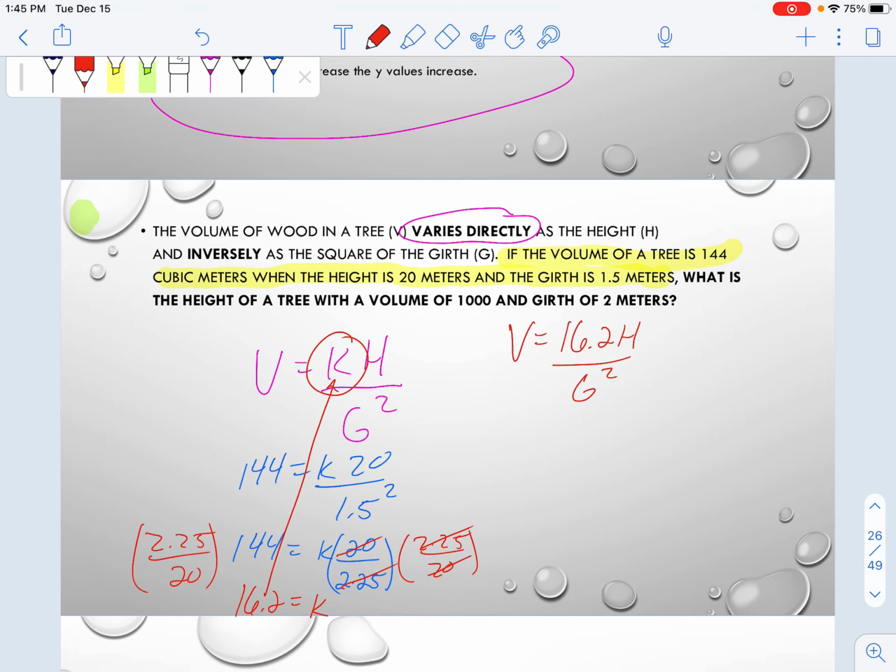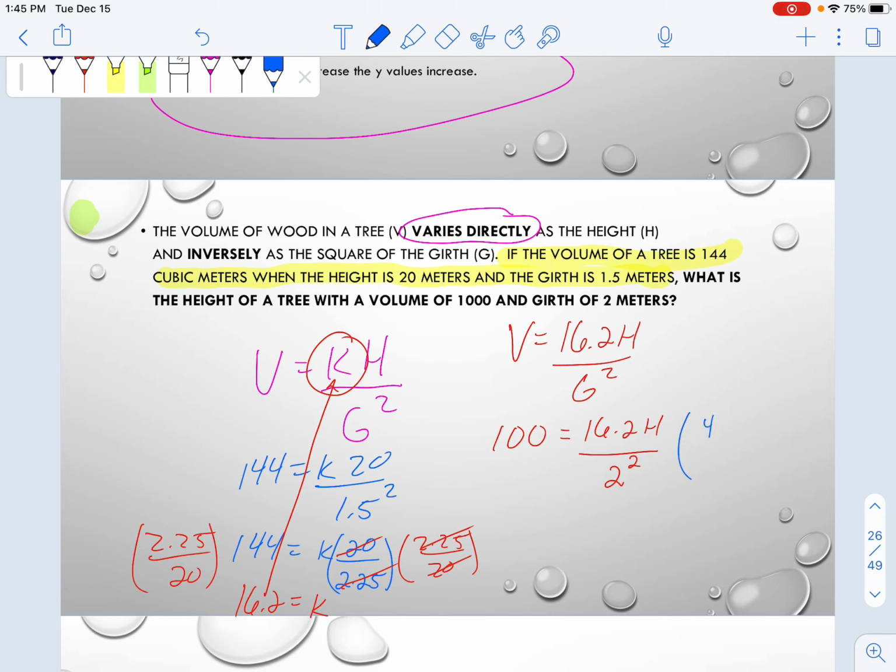what is the height of the tree if the volume is 1,000 and the girth is 2 meters? It's a big tree. Same thing, I can multiply by the reciprocal. So 2 squared is 4. I'll do that in a different color, just to show the undoing step.